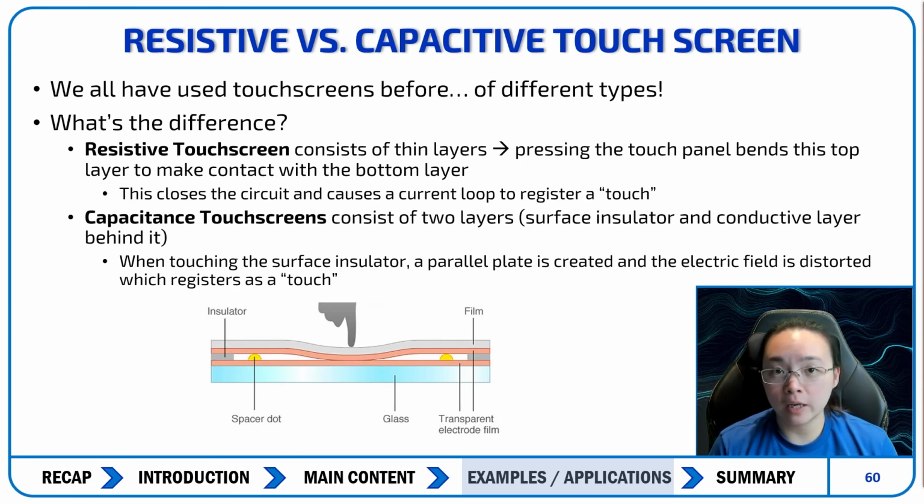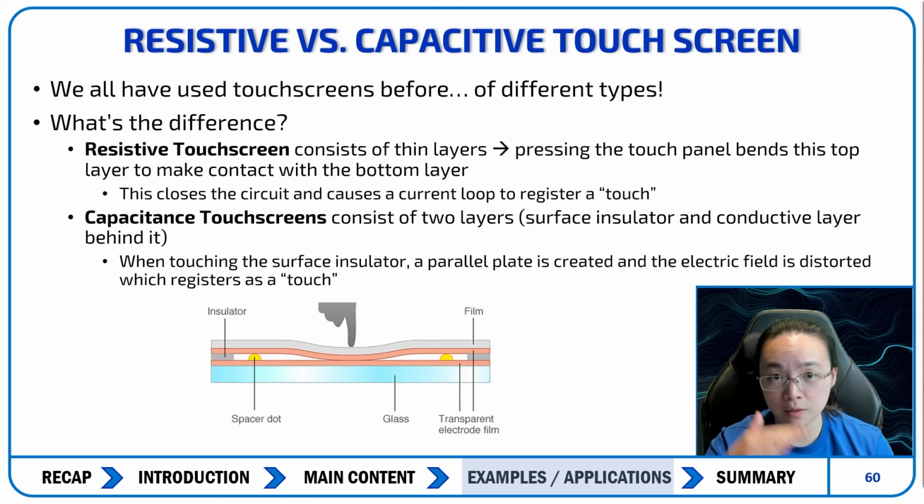When we're taking a look at resistive touch screens that consist of multiple layers, when someone presses the touch panel, it's going to sink down and cause a closure in the current loop. These resistive touch screens can generally only be used for a single touch device, kind of like buttons, because they cost much less to make. And they also incorporate into your application and respond to any type of touch.